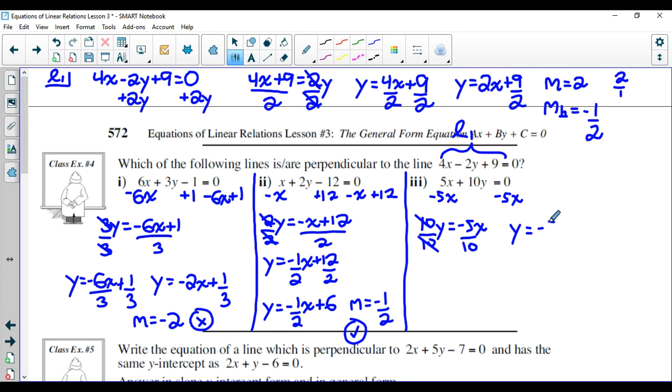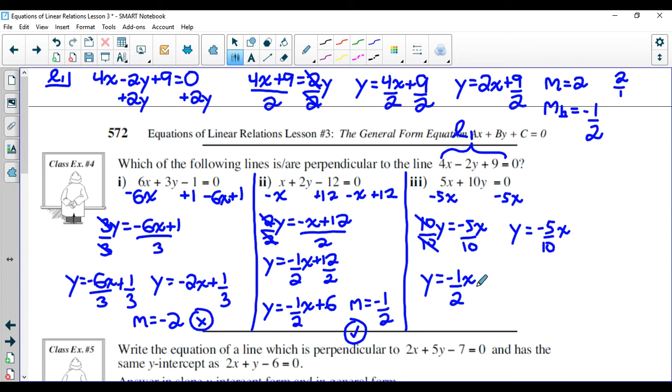Okay, 10's cancel off. And then you'd have y is equal to negative 5 over 10x. This fraction 5 over 10 can reduce, because if you divide both the top and the bottom by 5, this would turn into negative 1/2 x.